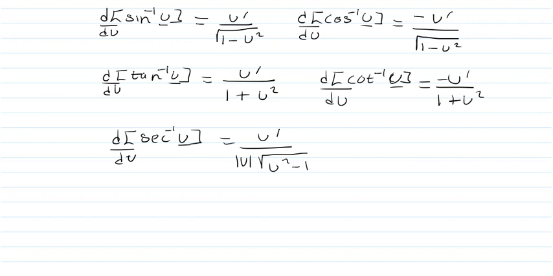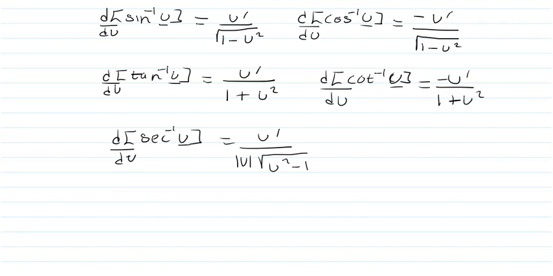So whenever you're differentiating these inverse functions, you need to take note of what kind of form they carry. For sine, it's u prime over root of 1 minus u squared. Then for tan, it's u prime over 1 plus u squared.